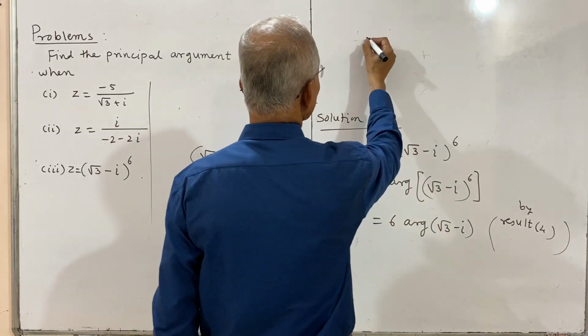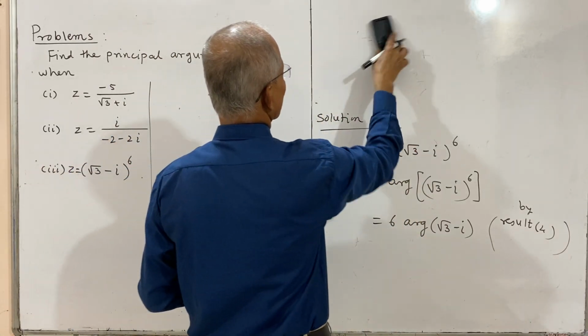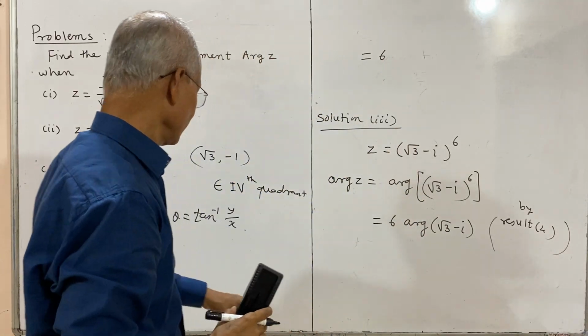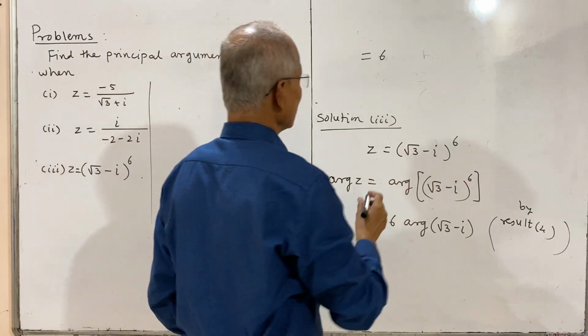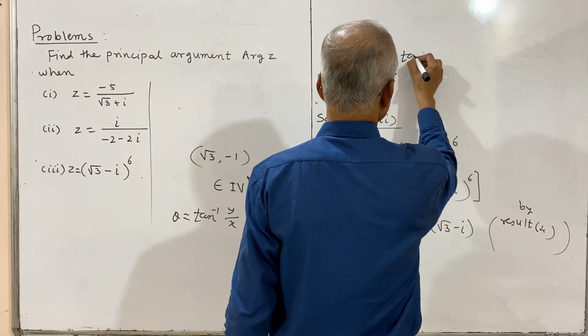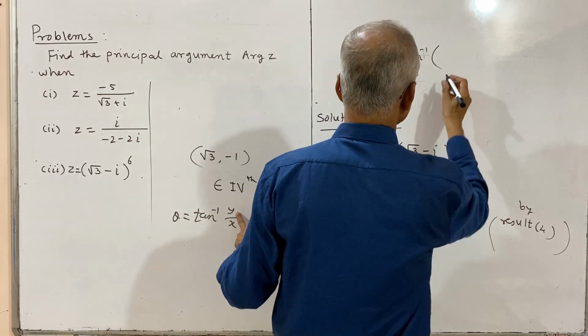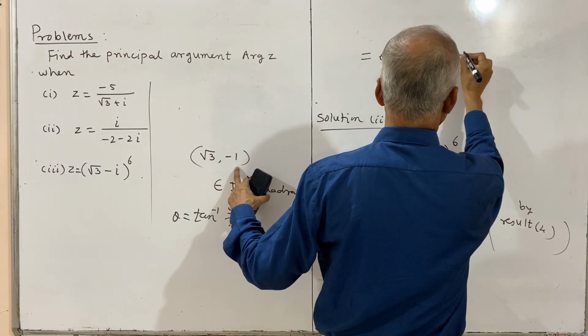Therefore 6 into the argument of root 3 minus i is 6 into tan inverse of y, which is minus 1, upon x, which is root 3.